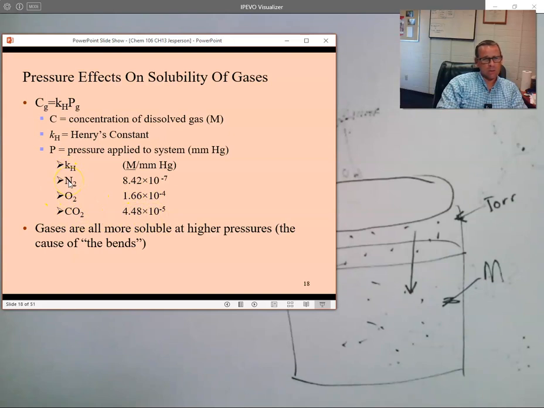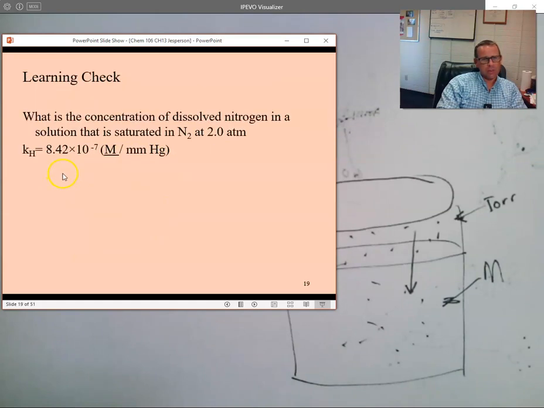So certain gases are more soluble in water than other gases, right? But as long as we know this, we can identify how much of the gas will dissolve for every given pressure. All right? So here's an example of a problem, Alyssa, if you could help me out with this one.